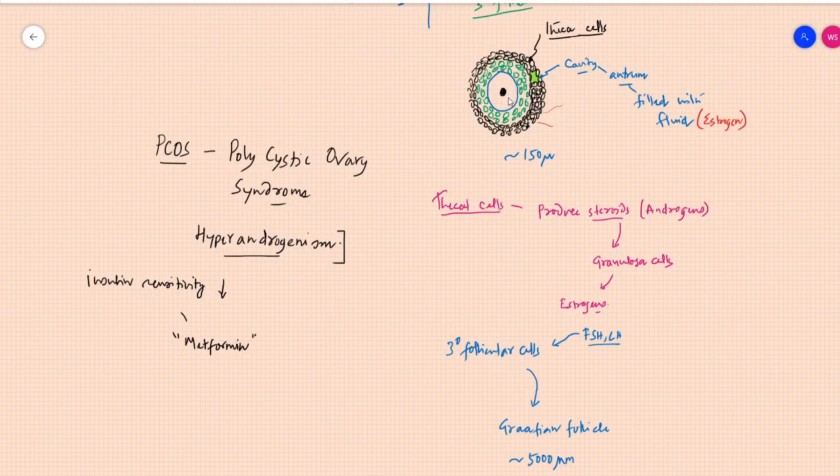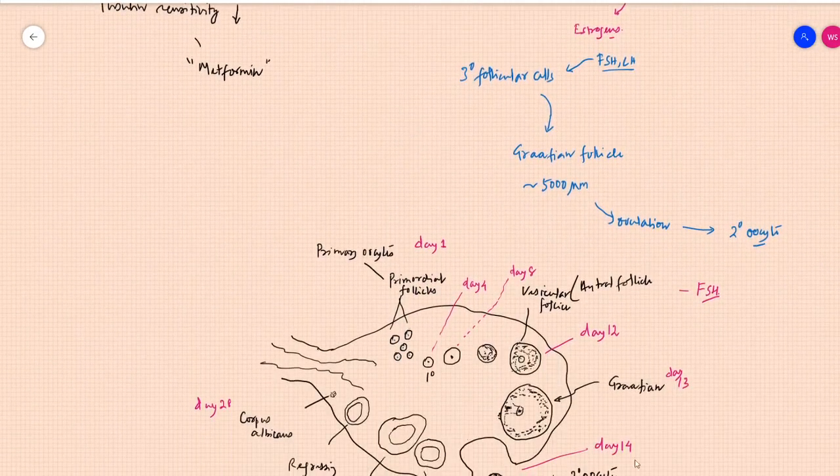As a result, after the secondary oocyte is released out during ovulation, the corpus luteum will fill with blood. So that is sometimes called corpus hemorrhagicum, meaning there is hemorrhage there. That's an important point for us to remember.